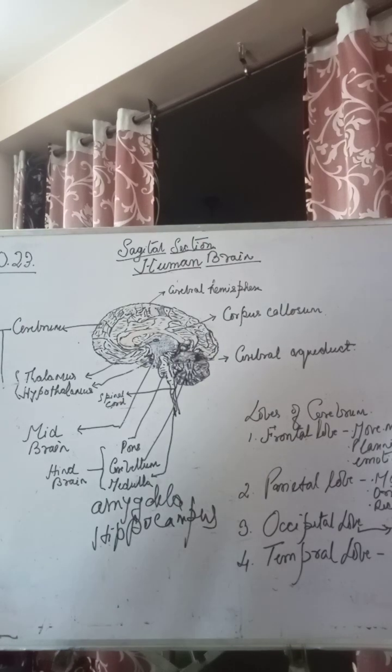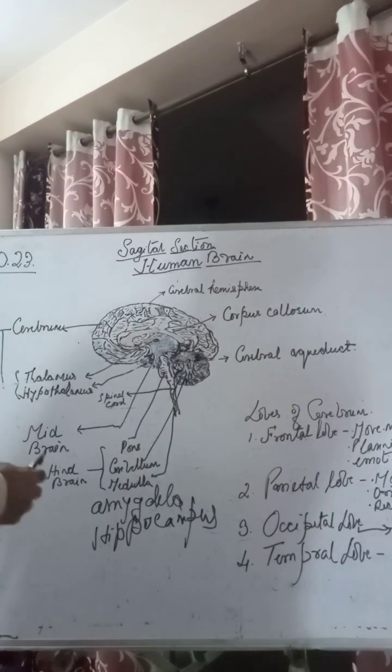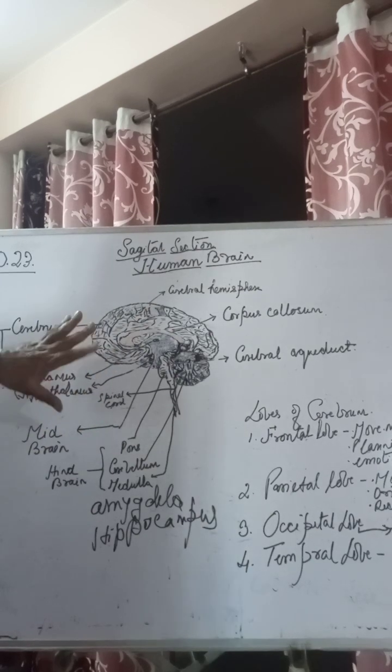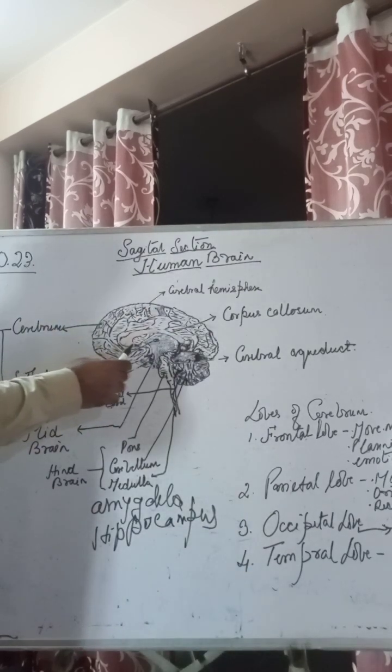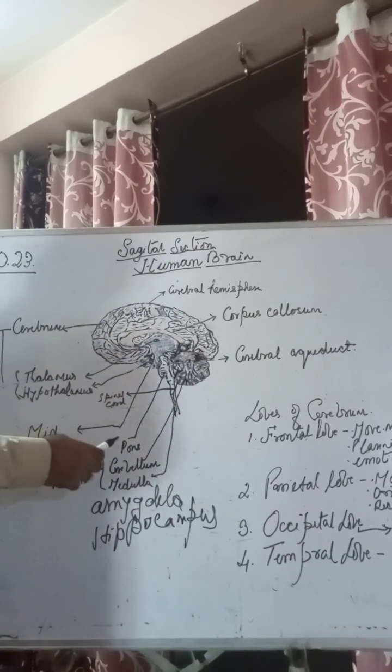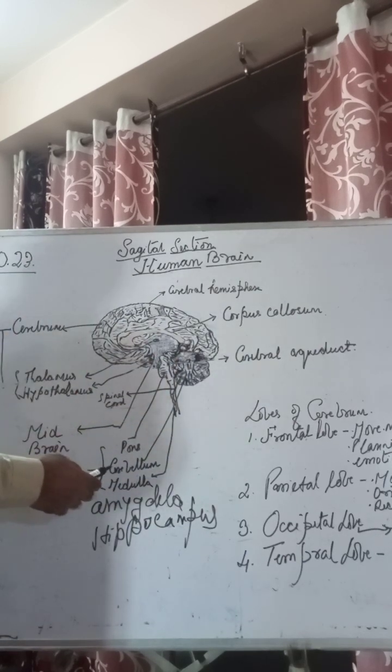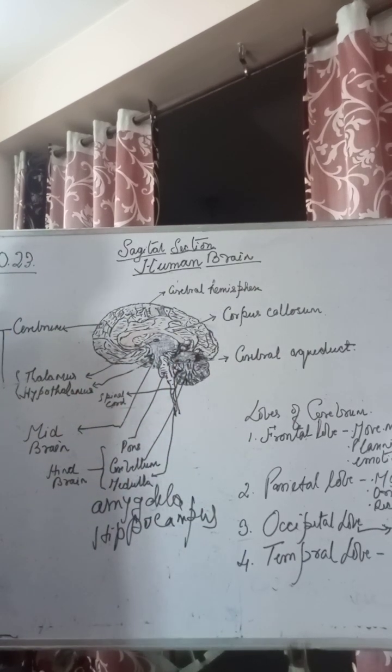And students, then we come to the hindbrain, which is comprising the pons, cerebellum and medulla, right? Pons, as you know, is the structure which is connecting all the parts of the brain. So it is known as the bridge, and cerebellum is the part at the back of the brain, and it controls the body balance.